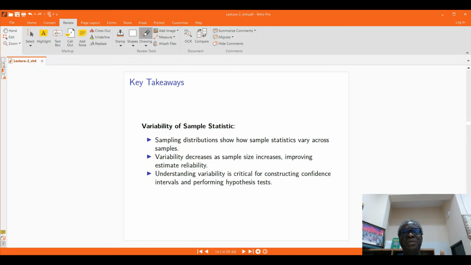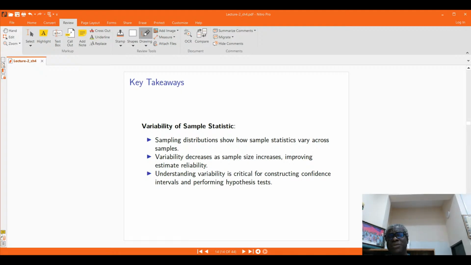So variability decreases as sample size increases, thus ensuring improvement in estimate reliability.